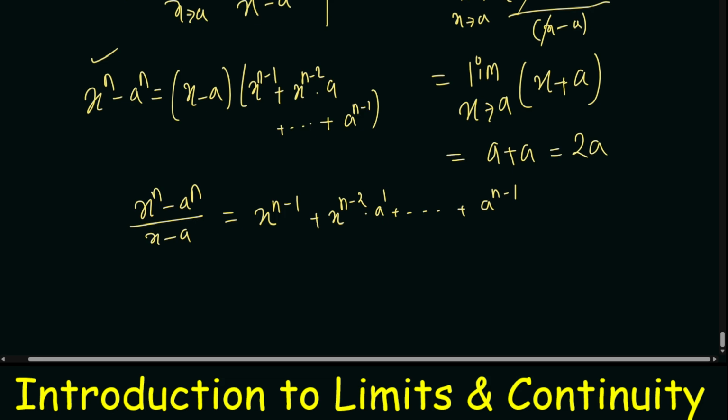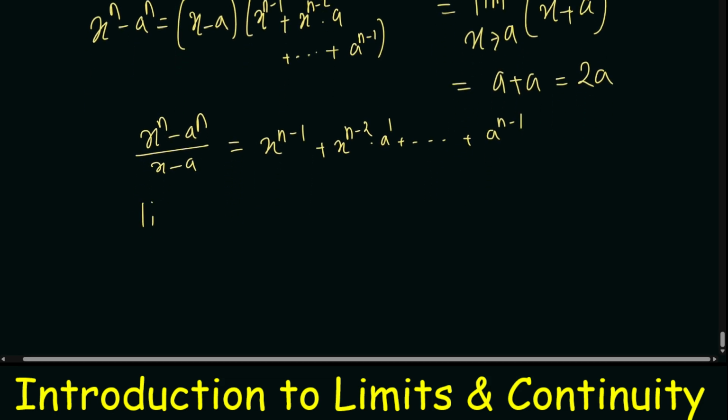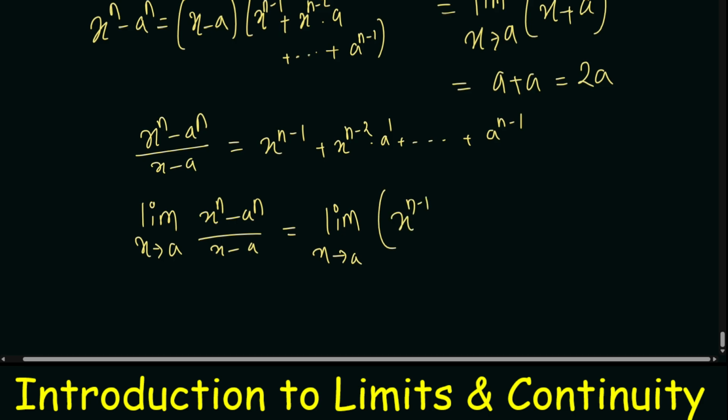So there are n terms in total, and if you apply the limit on both sides, you can do this operation. You get the limit of x to the power n minus a to the power n by x minus a equals limit x tends to a, x to the power n minus 1 plus x to the power n minus 2 into a to the power 1, and you get up to a to the power n minus 1.